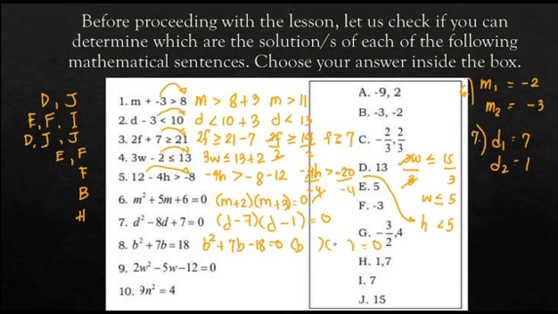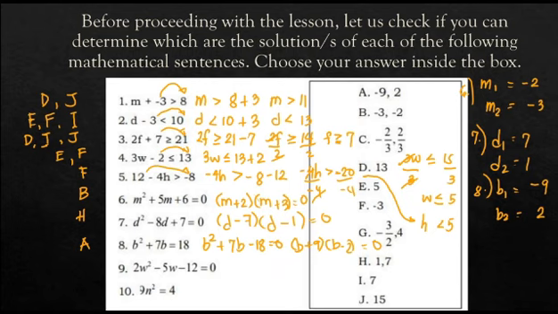So we have b plus 9 and b minus 2. 9 times negative 2 is negative 18, and 9 minus 2 is positive 7. So let's have b sub 1 and b sub 2. Our b sub 1 is negative 9, and b sub 2 is positive 2. So that is letter A.